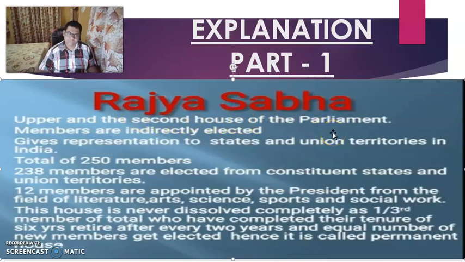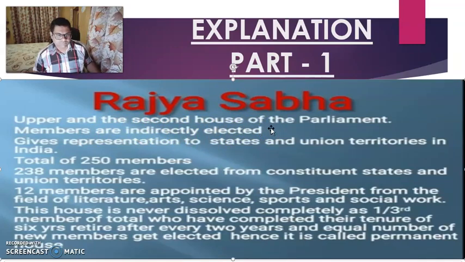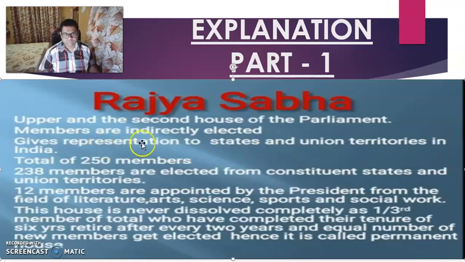Now here in this house, the members are not elected directly by the people, but indirectly. The members over here give representation to states and union territories in India. The members in the Rajya Sabha are the representation of states and union territories in India.